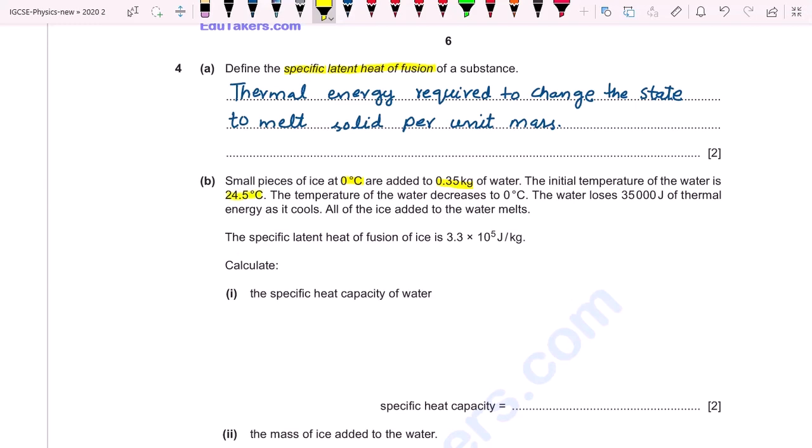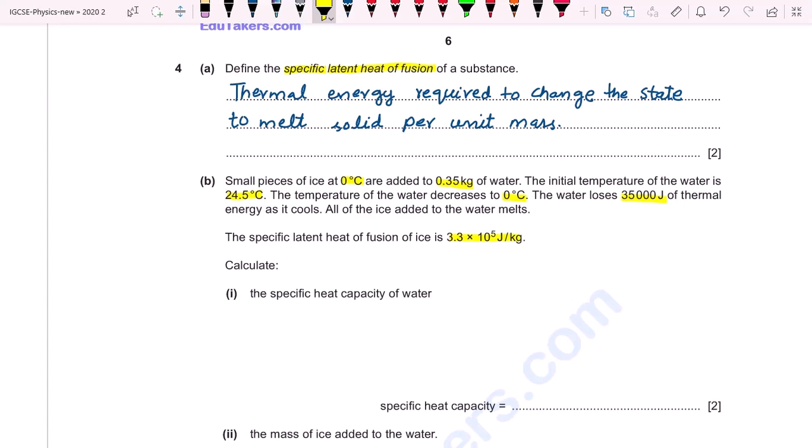The temperature of water decreases to 0 degrees C. Then the temperature of water decreases and it becomes 0 degrees C. The water loses 35,000 joules of thermal energy as it cools. All of the ice added to the water melts. The specific latent heat of fusion of ice is 3.3 into 10 to the power 8 joule per kilogram.